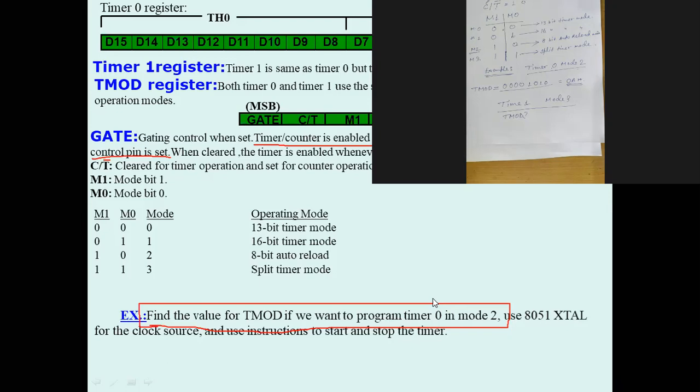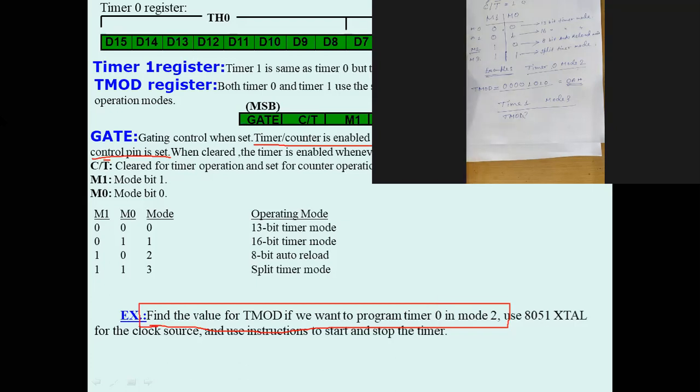Ashad Raja, are you ready with your answer? Can you tell me? 1011.